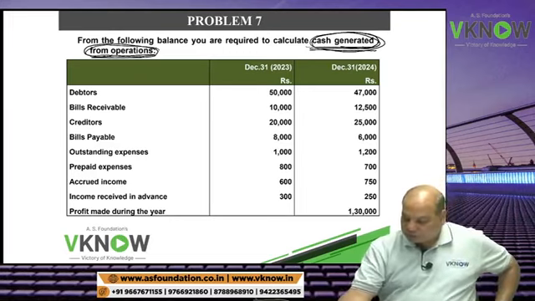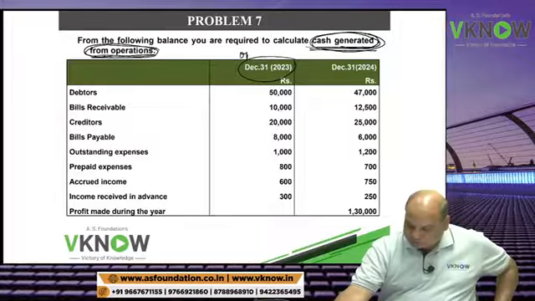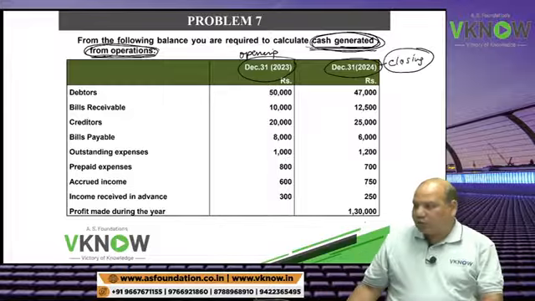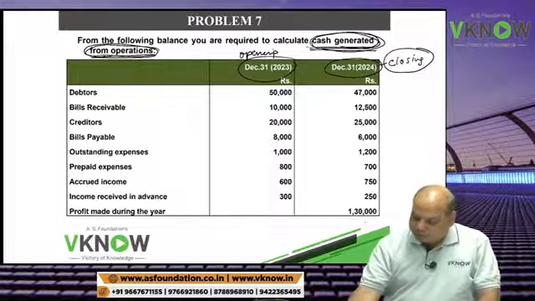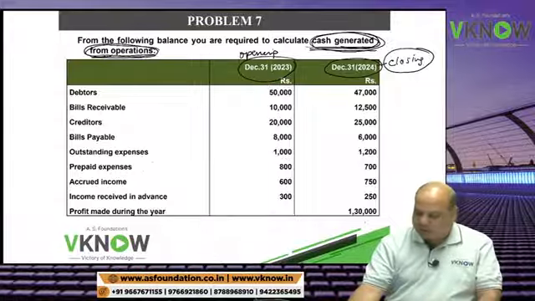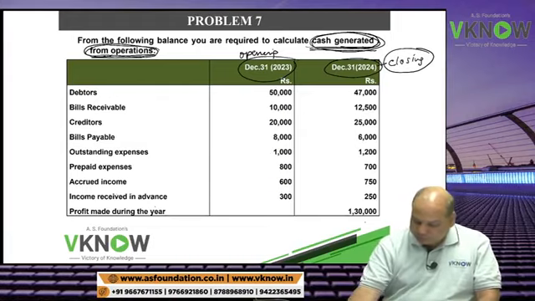And they have given you the debtors balance. This is opening and this is closing balance. Now debtors, bills receivable, creditors, bills payable, outstanding expense, prepaid expense, accrued income, income received in advance.